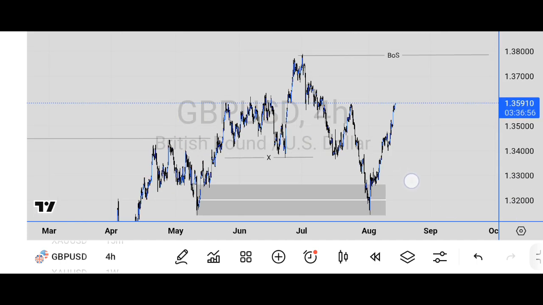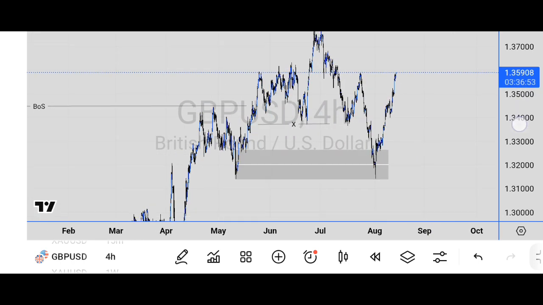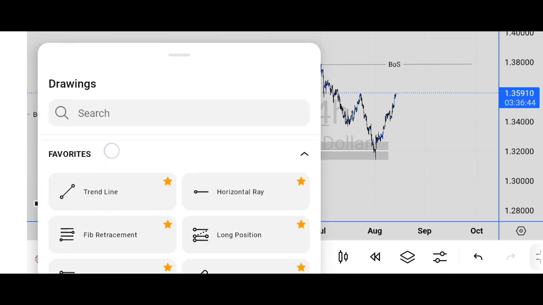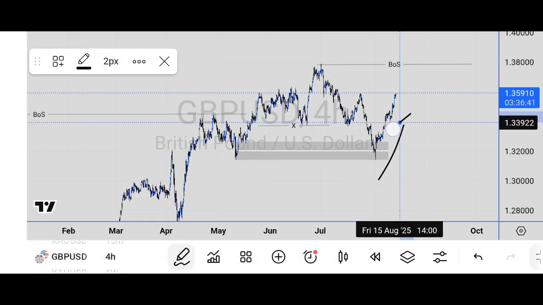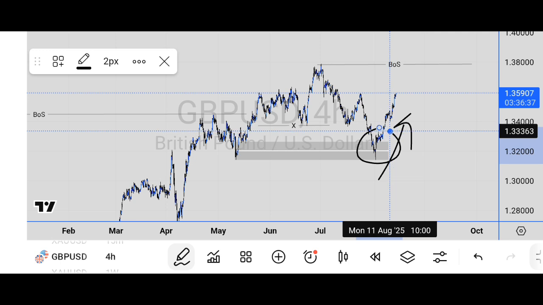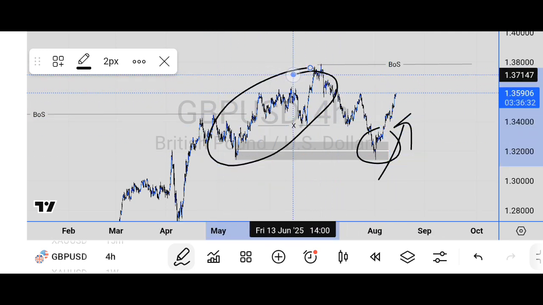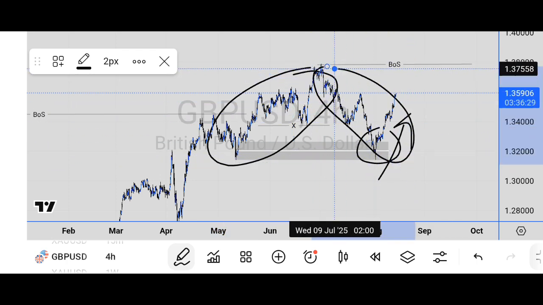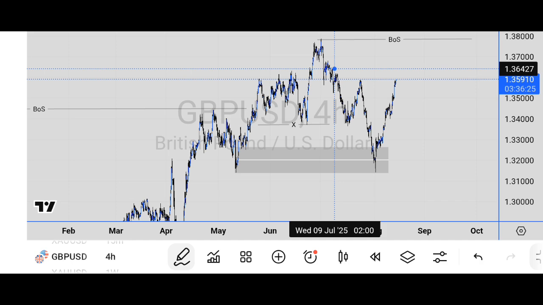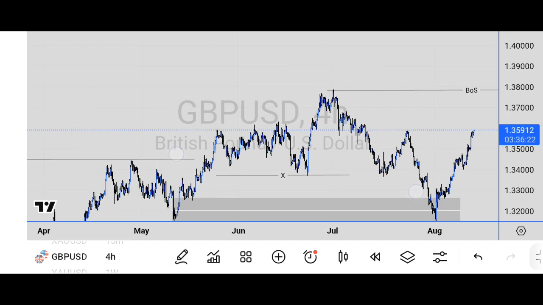So right here, let's analyze this market to know how it shifted right here. To predict this area, we need to analyze the past around here to predict the future. That is how we do it in the forex market: we analyze the past to predict the future.